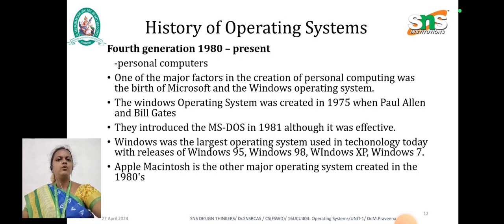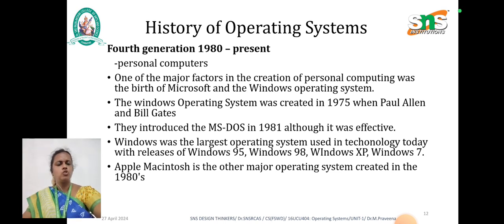Next is the fourth generation, from 1980 to the present day, that is personal computers. One of the major factors in the creation of personal computing was the birth of Microsoft and the Windows operating system. Microsoft was created in 1975 with Paul Allen and Bill Gates as the main figures. They introduced MS-DOS, the Microsoft Disk Operating System, in 1981, and it was effective.